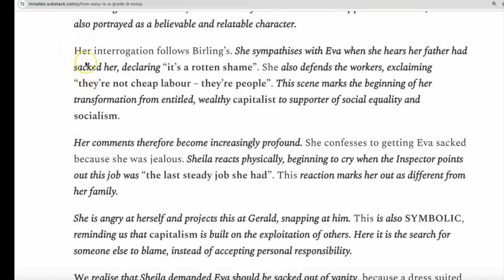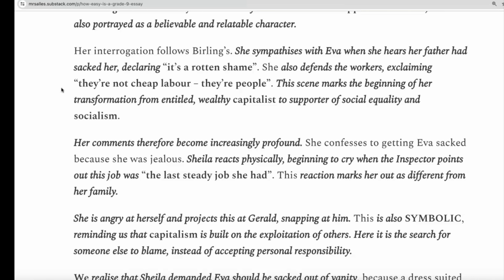So, her here refers to Sheila, and this refers to how she's been interrogated by the inspector. Her interrogation follows Birling's. She sympathises with Eva when she hears her father had sacked her, declaring it's a rotten shame. She also defends the workers, exclaiming they're not cheap labour, they're people.